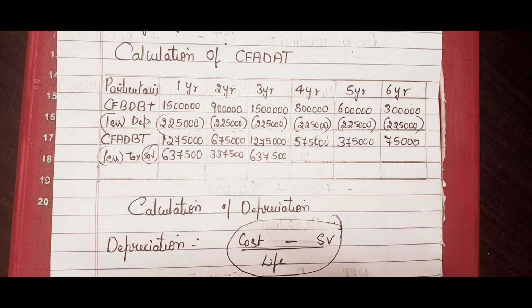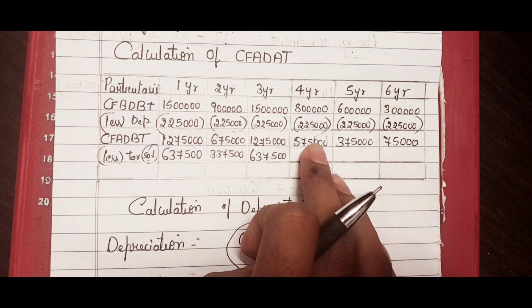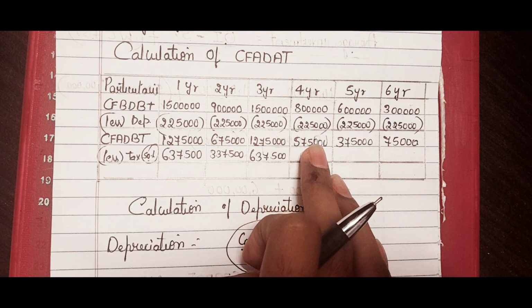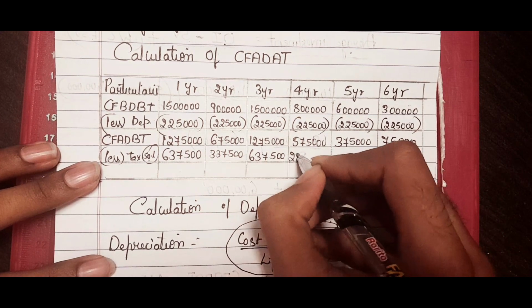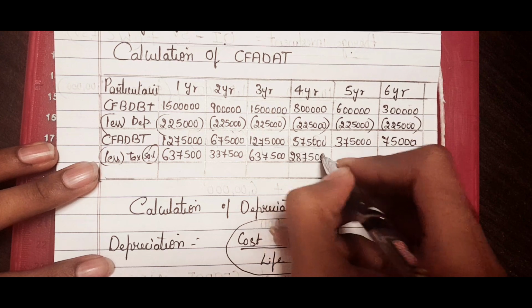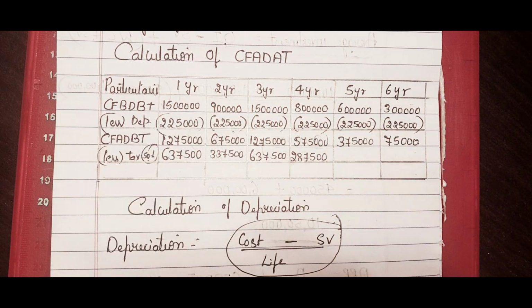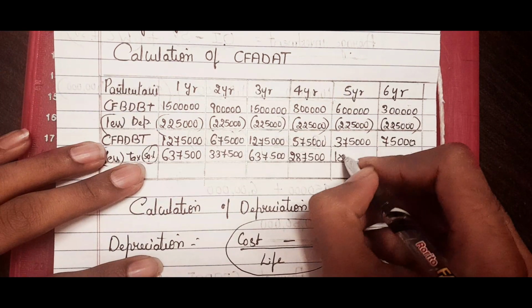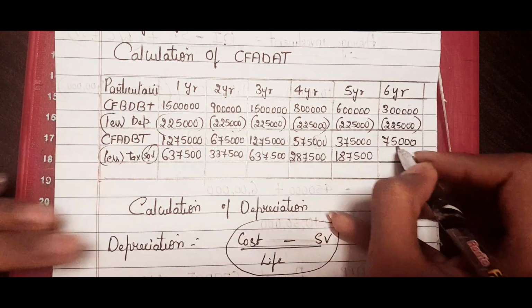Next, 5,75,000 into 50% will be 2,87,500. 3,75,000 into 50% will be 1,87,500.